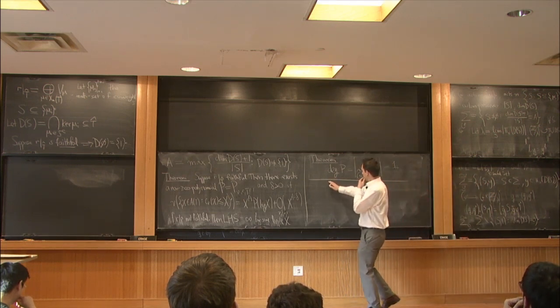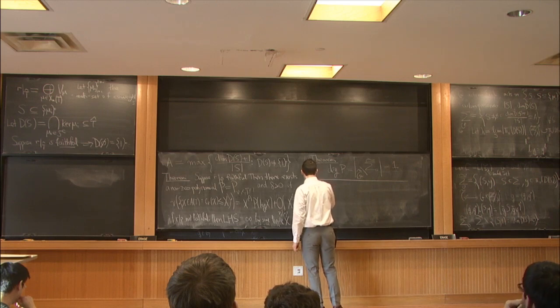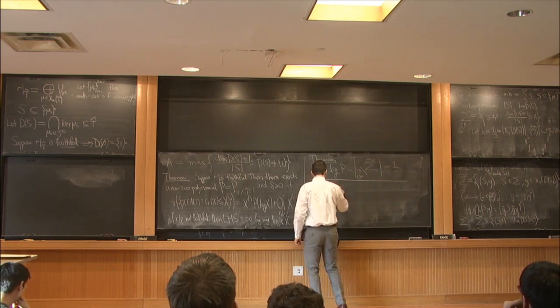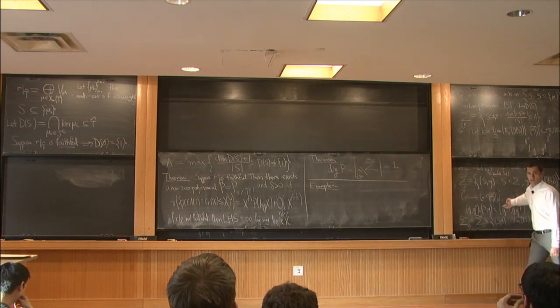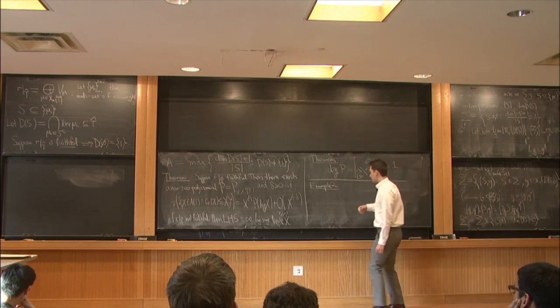So let's come back to example 2. And let me just say what these sorts of objects mean for example 2, which we already talked about.